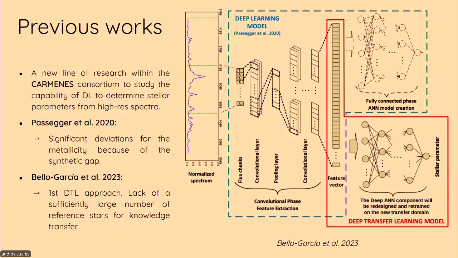As you can see in the red box, what they did is to take the feature vector extracted by the convolutional neural networks of Passegger et al. 2020, but they trained again the last block of the network, the artificial neural network block, with high quality stellar parameters measurements. And they achieved good results again, but they had a very big constraint, and it's that they lacked a sufficiently large number of reference stars to do this transference of knowledge.